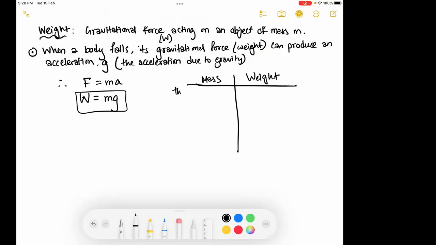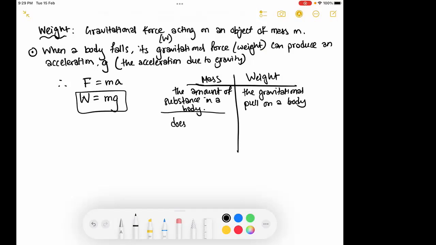Mass is the amount of substance in a body, and weight is the gravitational pull on the body. Mass does not depend on location.